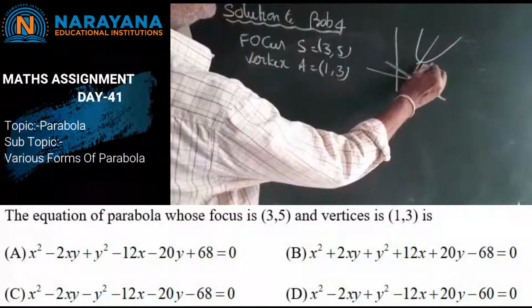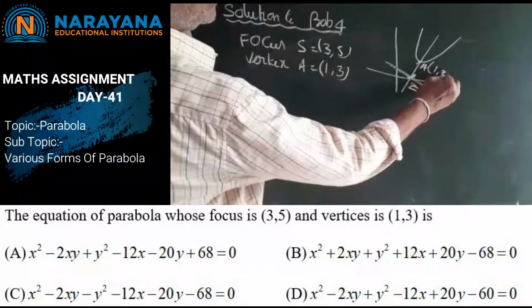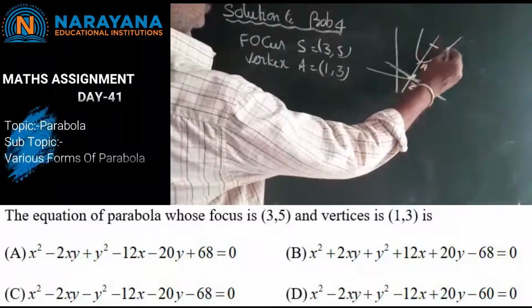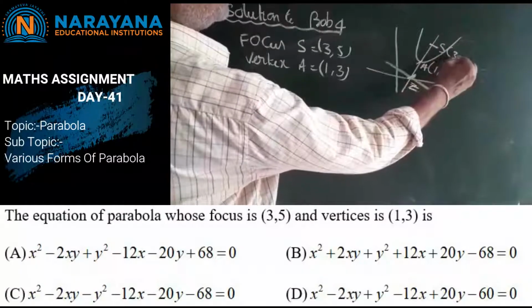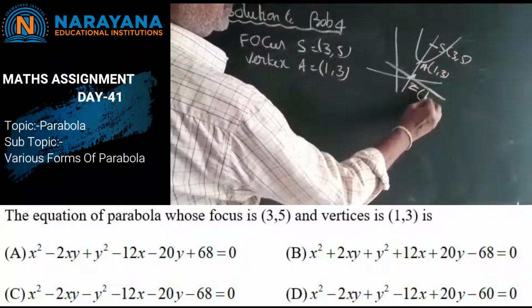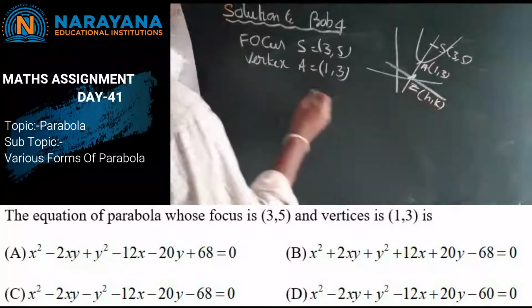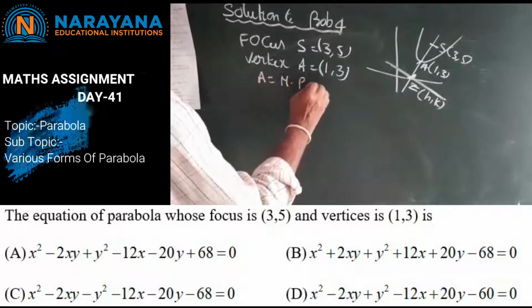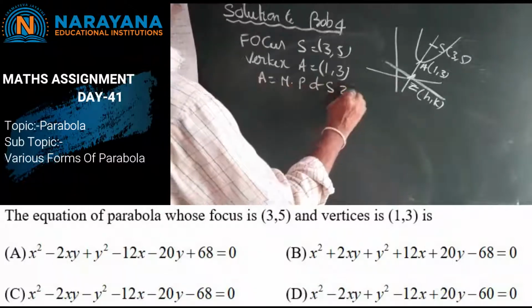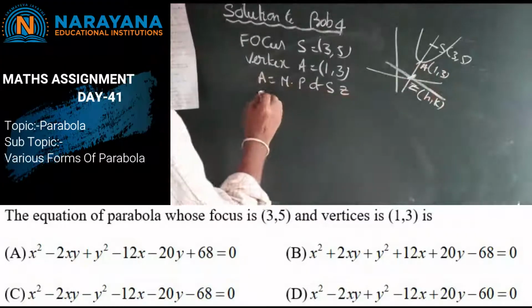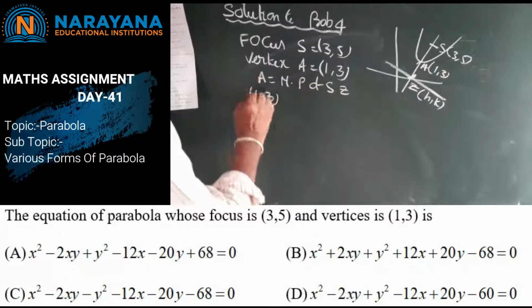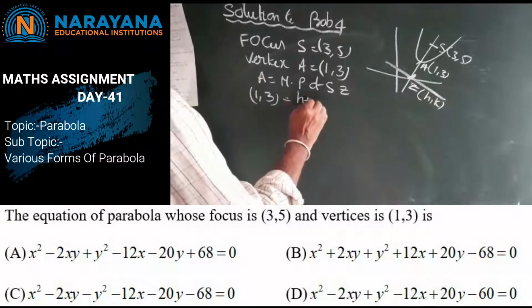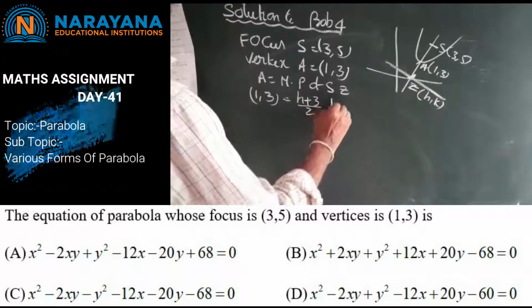This is A, vertex coordinates (1, 3). Focus coordinates S (3, 5). I am assuming Z coordinates are (h, k). So A equal to midpoint of SZ. Using this condition, that is A coordinates (1, 3) = ((h + 3)/2, (k + 5)/2).